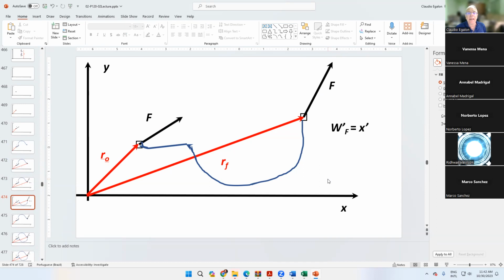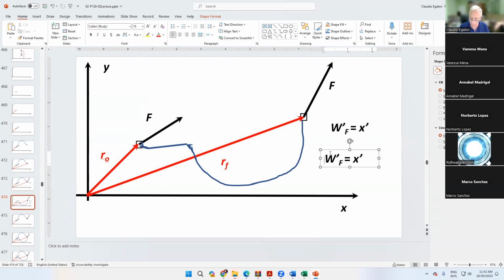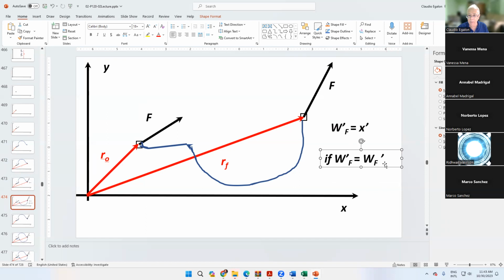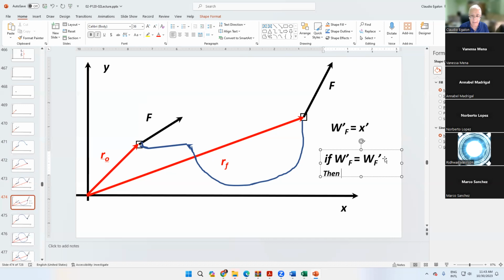Okay, a force is going to be conservative, and I'm going to write it down: if W prime of F is equal to W of F, then we say that F is conservative.